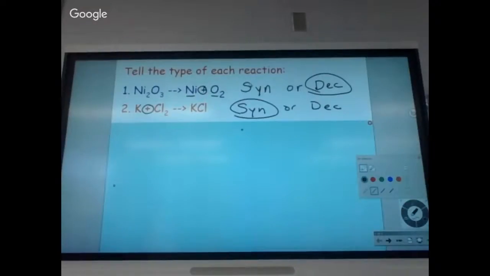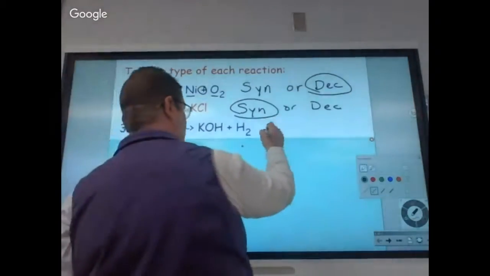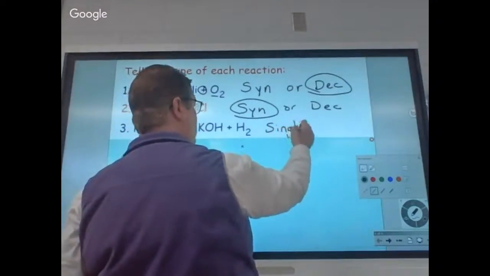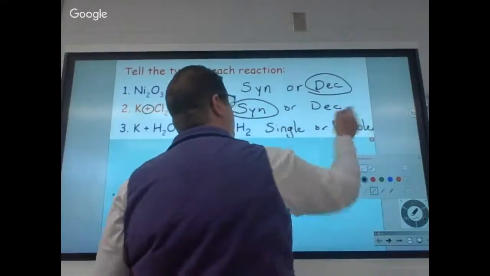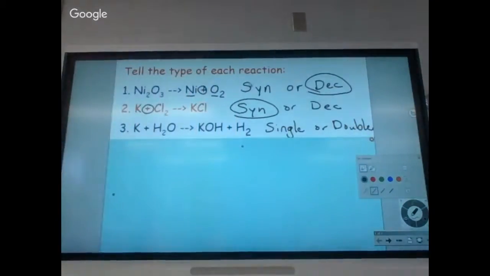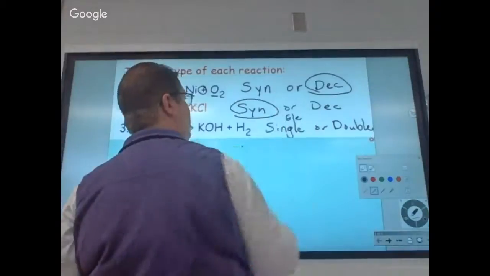All right. When you look at my next example, how many plus signs do I have here? If you have 2 plus signs, it's either single or it's double. Okay? 2 plus signs can't be synthesis or decomposition. So, do you have an element? If you have a single element, it's single.